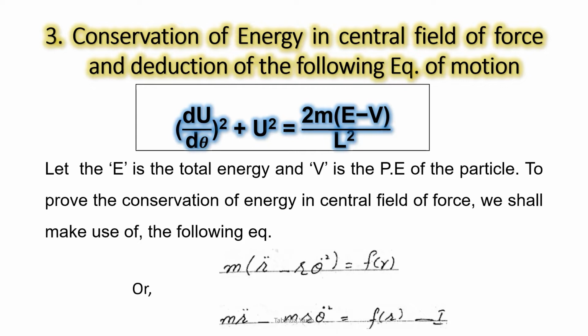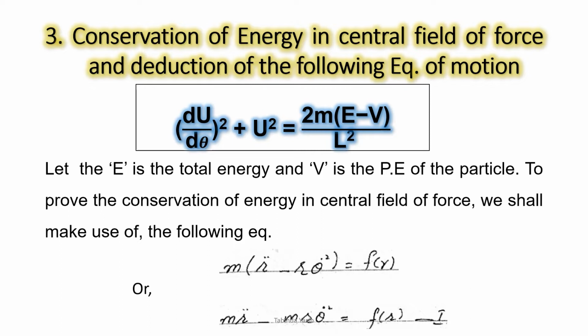That is m into r double dot minus r theta dot square is equal to f of r. Multiplying by m inside the equation we get m r double dot minus m r theta dot square is equal to f of r, giving that equation number 1.